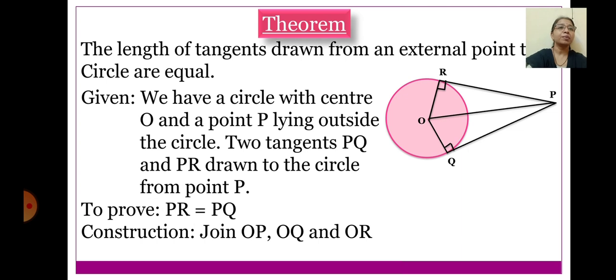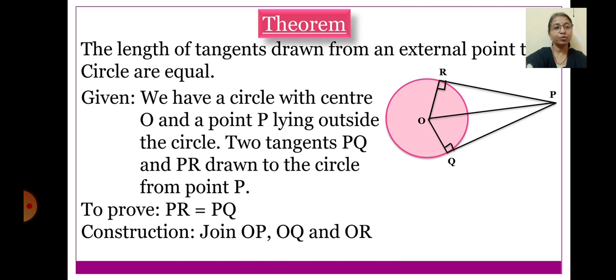Children, always remember, when we say length of the tangent, it is the distance from that exterior point up to the point of contact. You can extend this tangent further, but while measuring the length, we measure from point P up to the point of contact. Okay, remember this. So that means this PQ segment should be equal to PR segment.